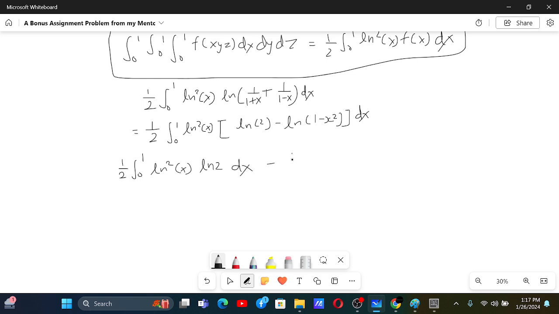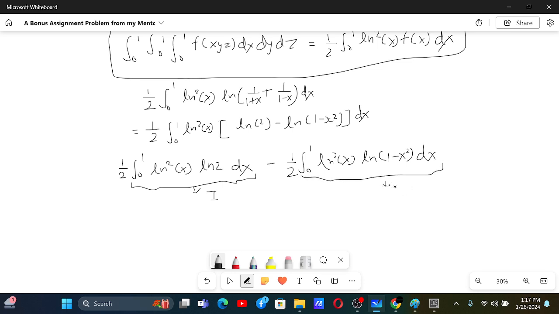The second is 1 by 2 integral from 0 to 1 ln square x times ln of 1 minus x square dx. Now let us call this integral I and this integral Z, and we can deal with these independently.